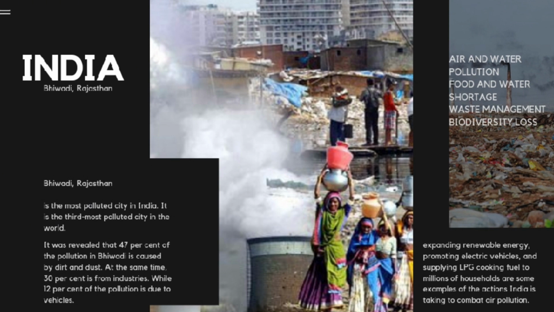They promote electric vehicles and supplying LPG cooking fuels to millions of households are some examples of the action in India to combat air pollution. So India implement this to improve air quality, protect public health, mitigate climate change, security, and promote sustainable economic development.